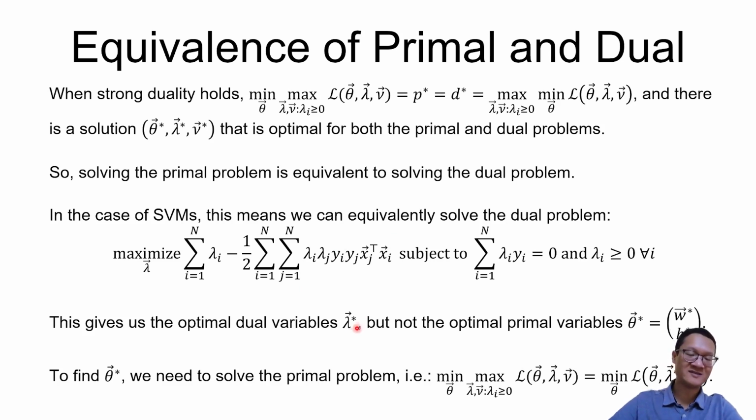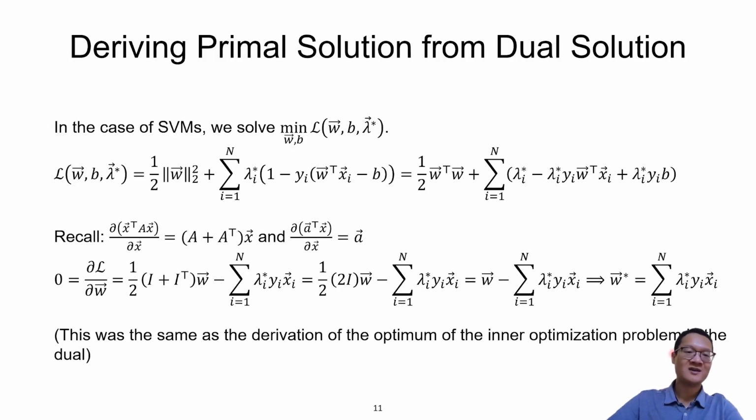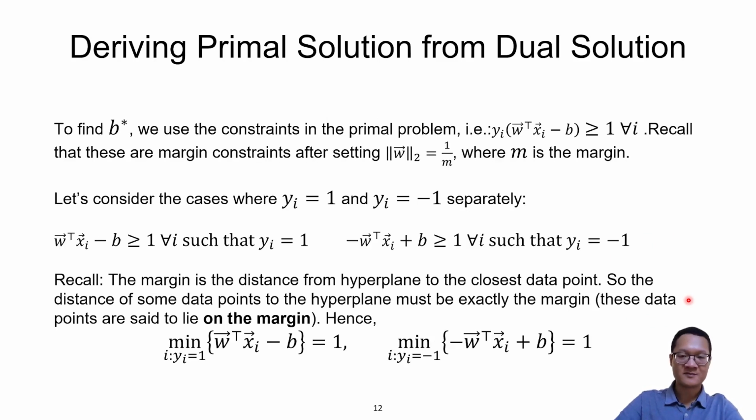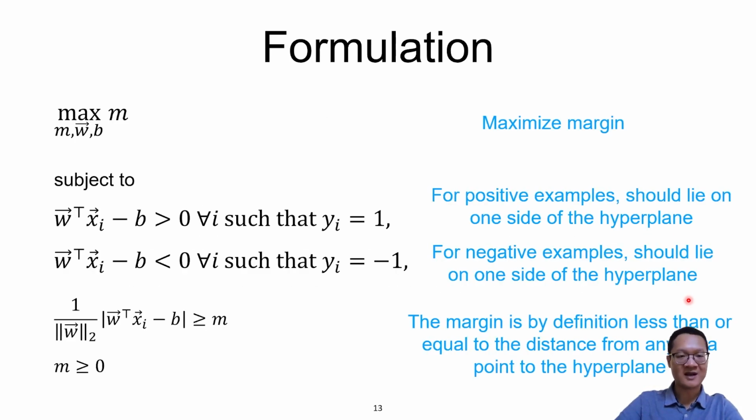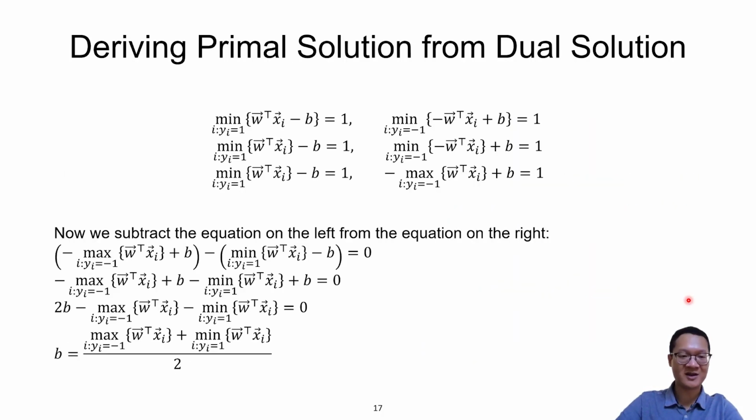Solving the dual problem would give us lambda star, but then solving the primal problem can give us our optimal weights. And that was done by first obtaining W star as a function of lambda star. And then after having obtained W star, we can now get b star.